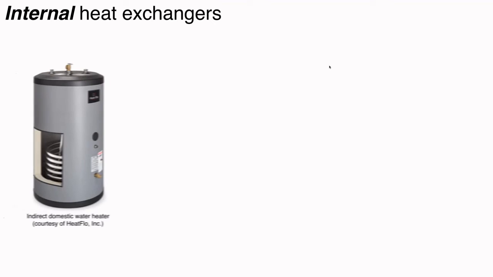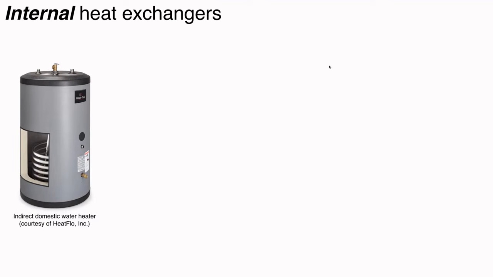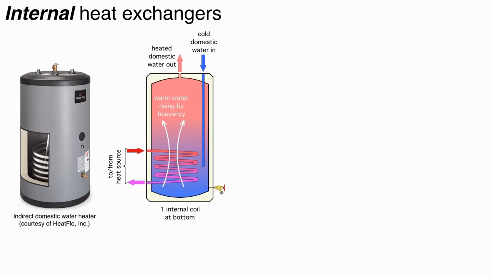Internal heat exchangers. Most of you would recognize this as an indirect water heater. You can see the stainless steel coil in the lower portion of the tank there. We're going to pass a heated fluid, typically from a boiler, through that coil and transfer the heat to the domestic water in the tank.